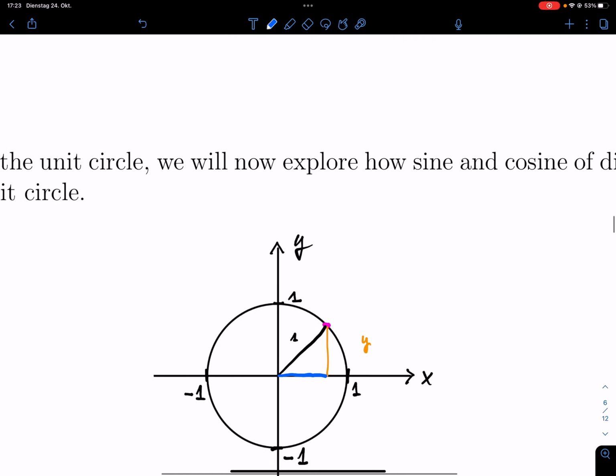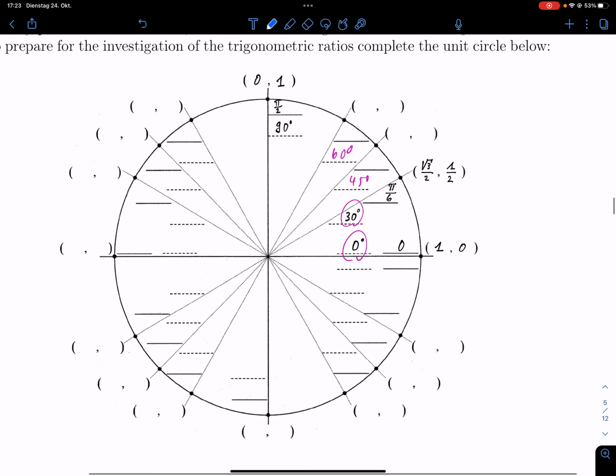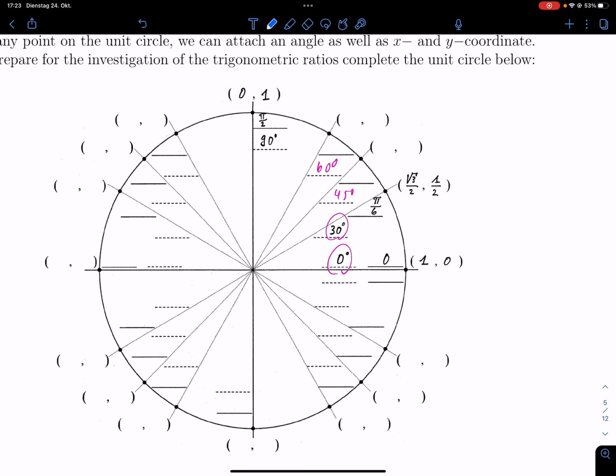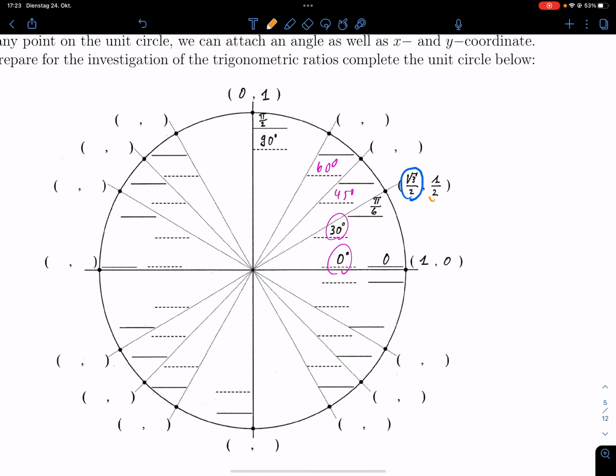What you should have found out with the unit circle, or we did find out, is that always for the location of the point, you have the x-coordinate in blue and the y-coordinate in orange.